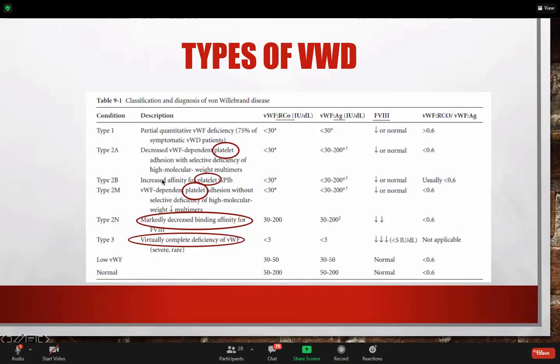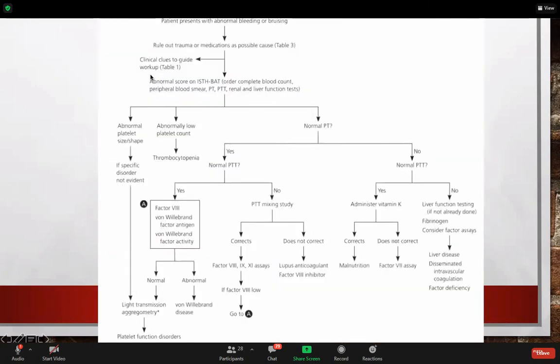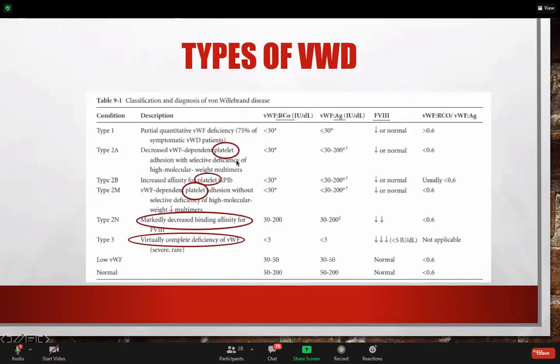A lot of the types are actually related to the platelet, and one of its functions is helping the platelet for aggregation, okay? Sorry. So you see a lot of its function related to platelets, okay? These are how to measure the activity of von Willebrand, but also what's the factor 8 level, okay?